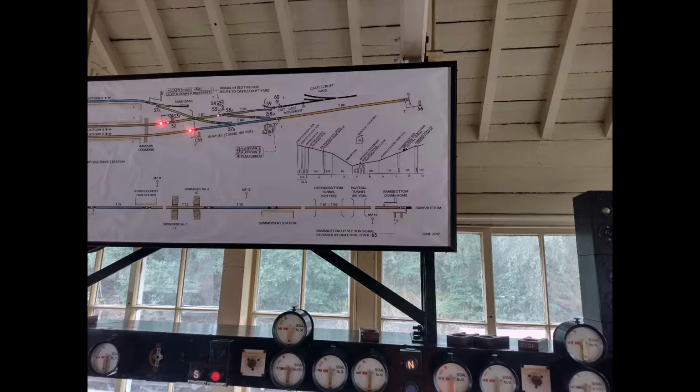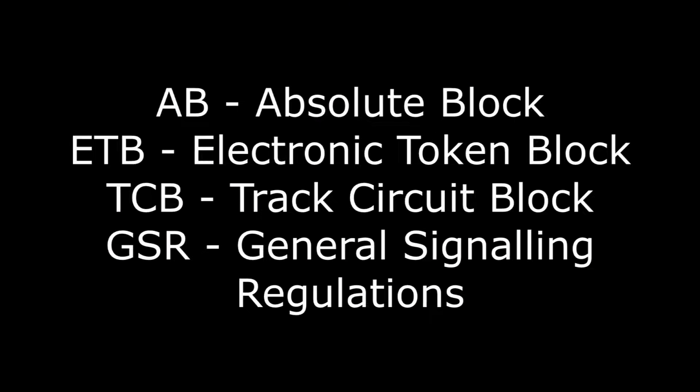I'm going to be using abbreviations in this video because not all the bell codes are applicable to all situations. So the abbreviations I'm going to use are going to be AB, Alpha Bravo, for absolute block. So if that comes up on the screen, that means that that bell code is used in absolute block. ETB, Echo Tango Bravo, electronic token block.